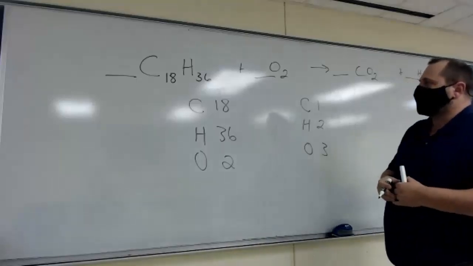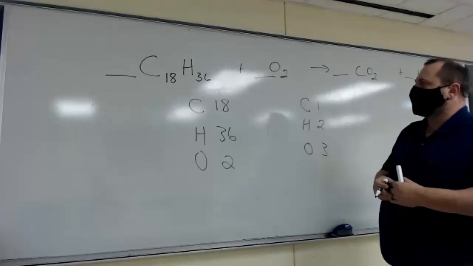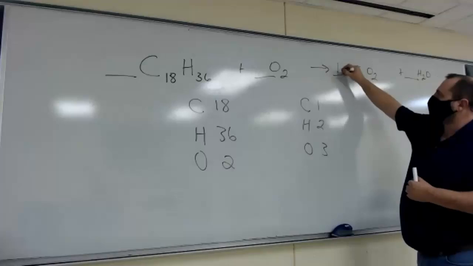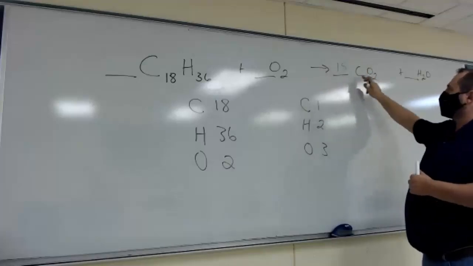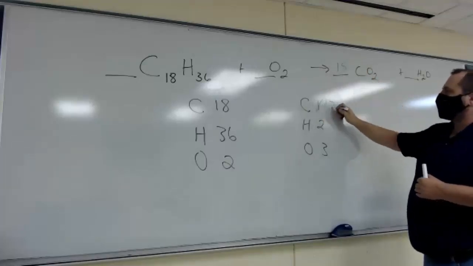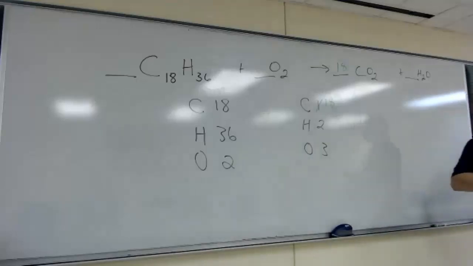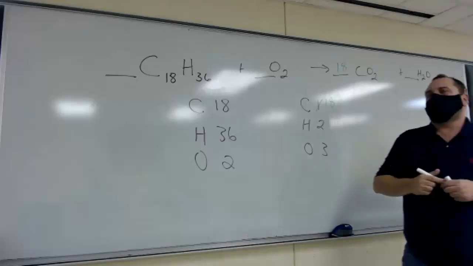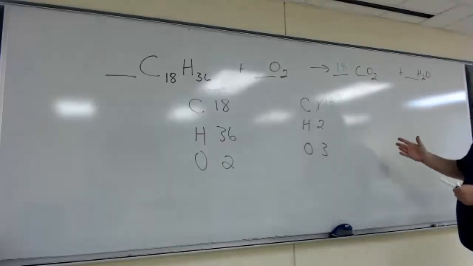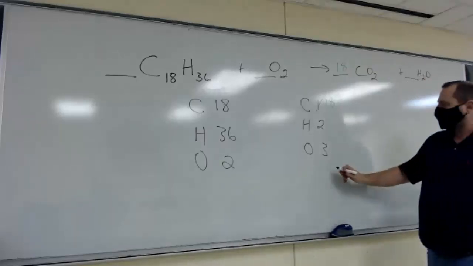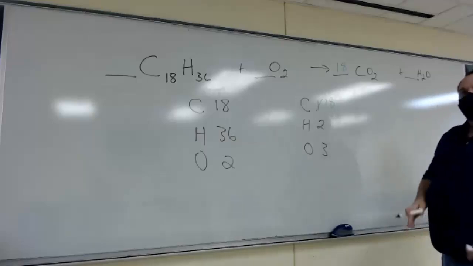I'm going to jump right into the carbon. How am I going to fix the carbon? 18 over here. So 18 times 1 gives me 18. Now I'm going to go ahead and do the math to show that this changed the oxygen count.